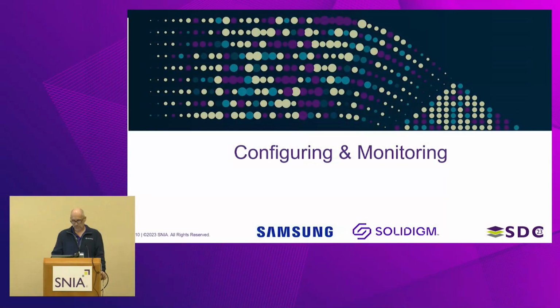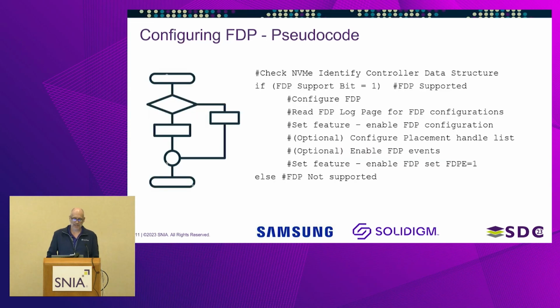So, as I mentioned, there's additional stuff that you have to deal with from the host side system when you're working with FDP. So I threw together 2 slides here to give a very, very high level overview from a software perspective of what the host needs to deal with when it tries to work with FDP. So of course, the first thing is you have to configure an FDP drive if you're going to use it.